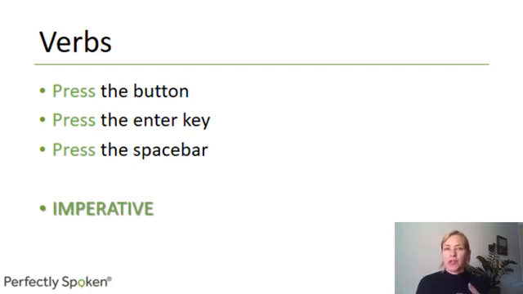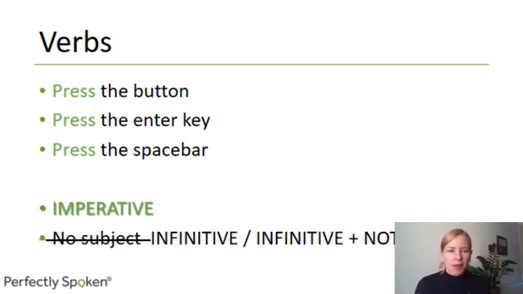So first, turn on the computer, go to Google, put in the address, click on the icon. Do you see? So we use the imperative. It's basically no subject, infinitive, and if you want it negative, you use not. So for example, well, not with the auxiliary verb.